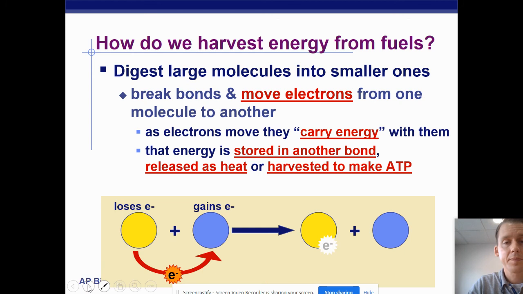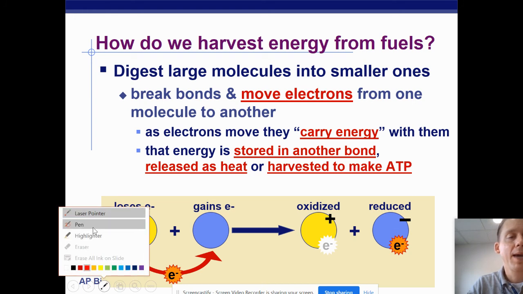That means that the molecule that lost the electron becomes positive, and the molecule that gained the electron becomes negative. We say that the molecule that lost the electron is oxidized, and that gained the electron is reduced.